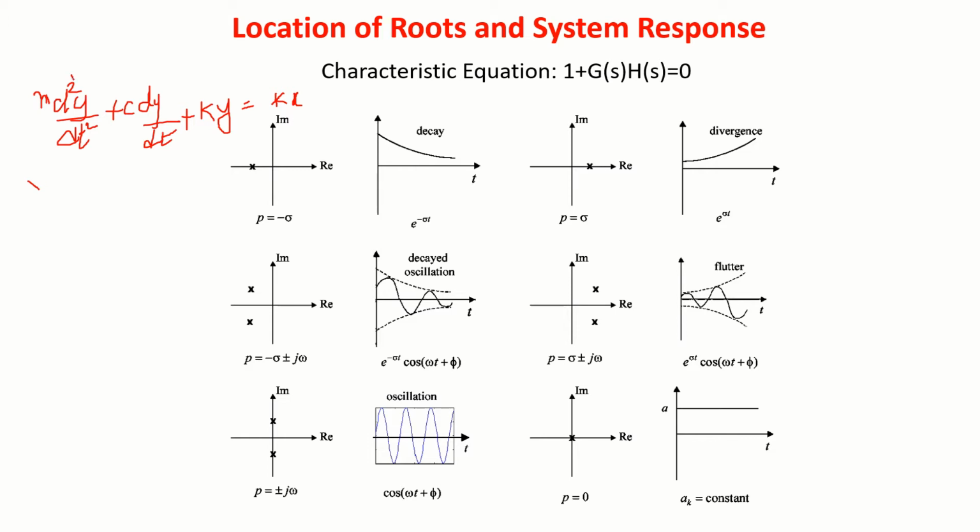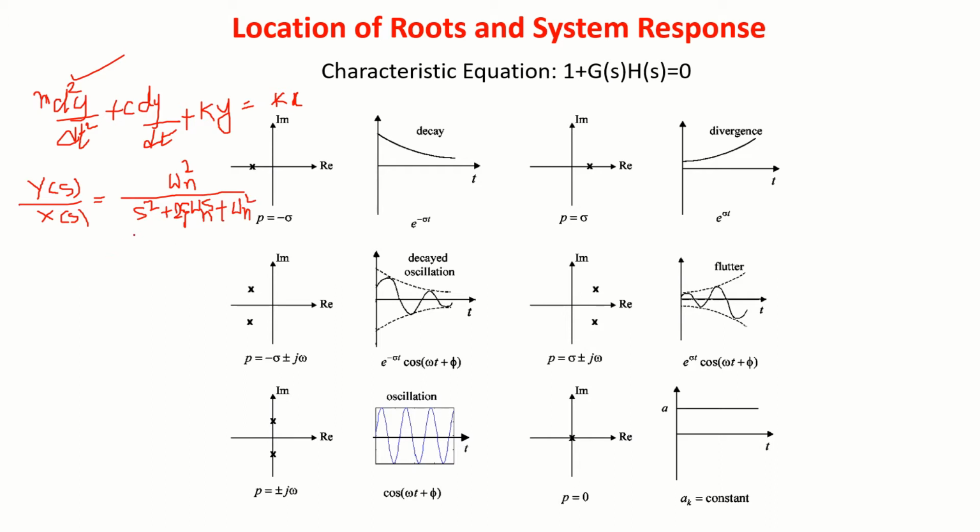This is the differential equation of a spring mass damper system. When I take Laplace, y of s by x of s, by organizing all these things, is omega n squared divided by s square plus 2 zeta omega n s plus omega n square. Correct?